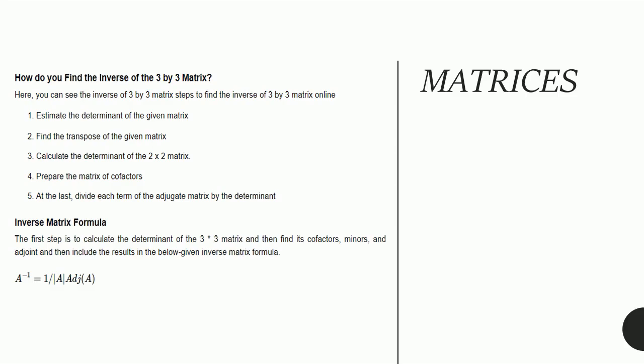And lastly, after arranging the matrix of cofactors, we'll now find the transpose of the matrix of cofactors. If you found the transpose earlier, then you don't need to find the transpose again.